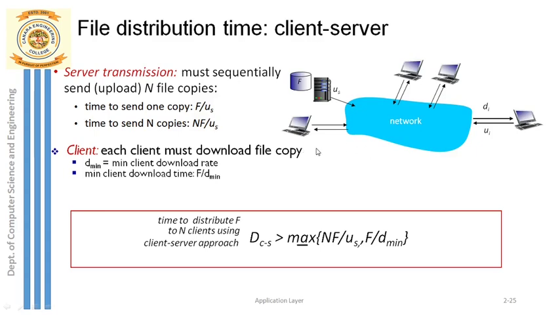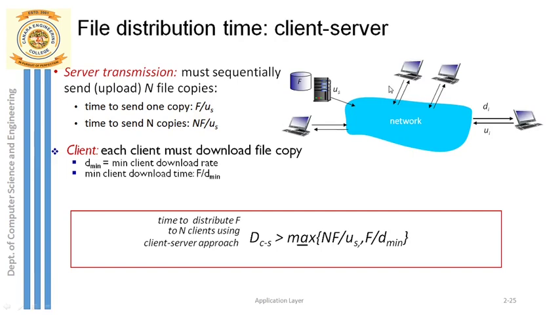Next comes our downloading in client-server architecture. What happens in downloading? For all these clients, in order to completely download this 1 GB file, each should have some minimum downloading capacity. It's indicated by dmin.